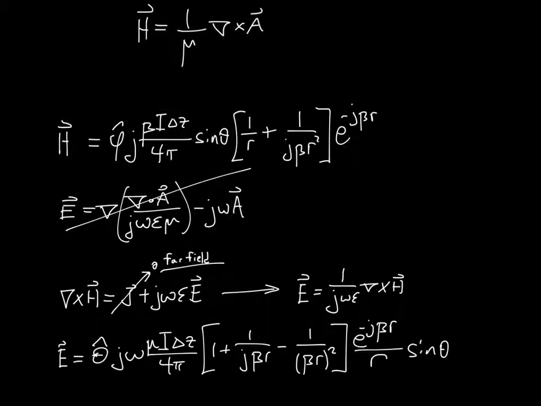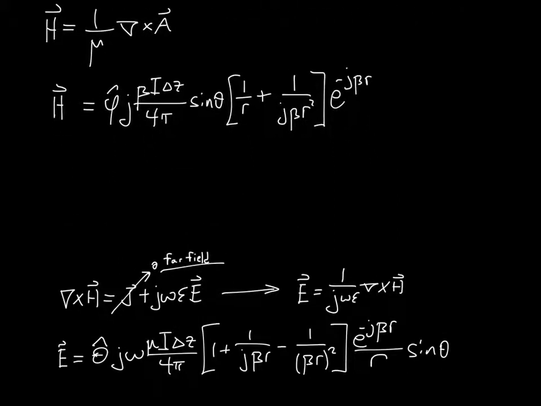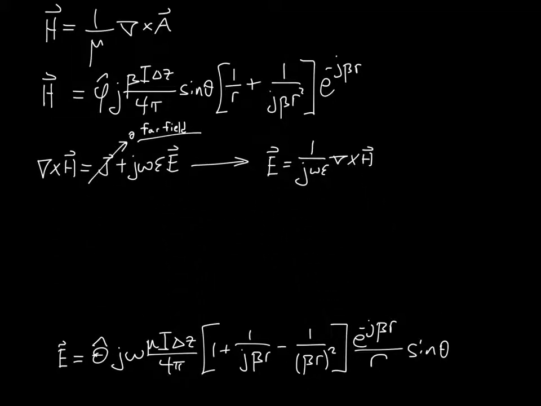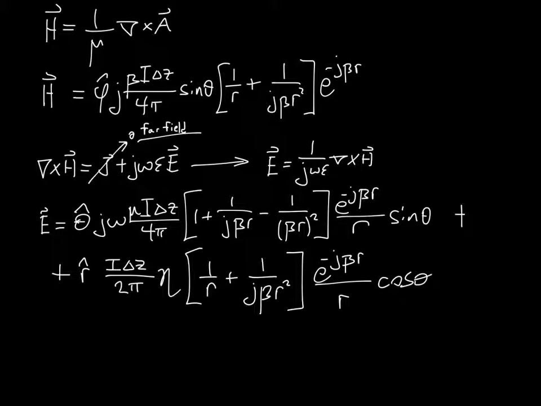I need more room. Now I've said that this is the development for the ideal dipole radiation patterns, but said nothing about the distances from the source. So what we want to do is analyze the far fields.